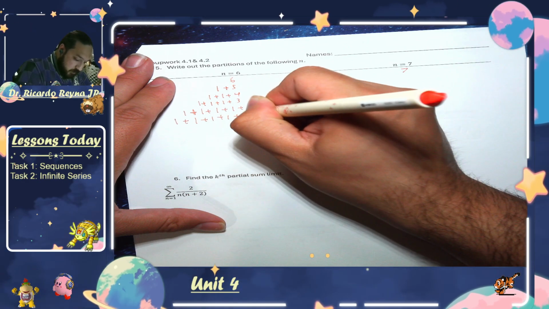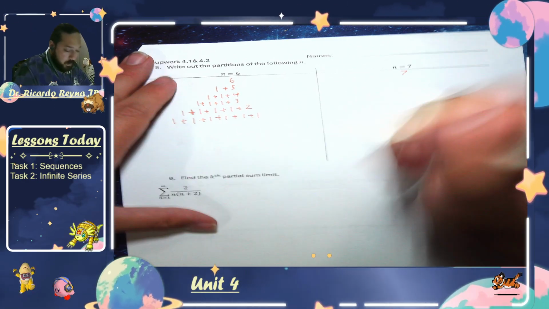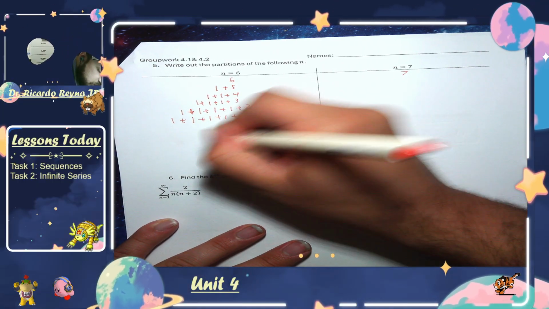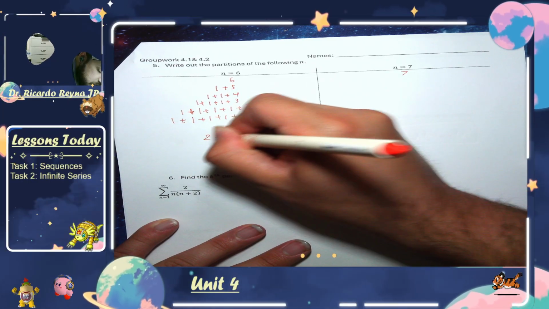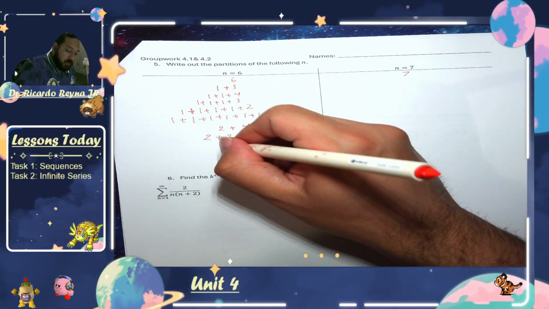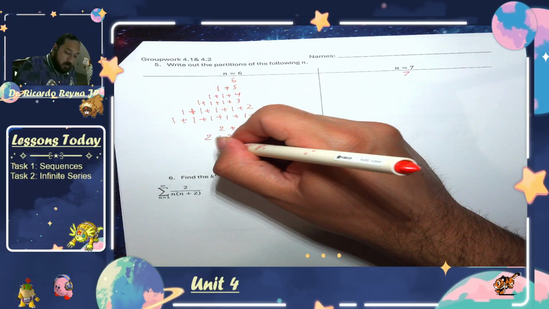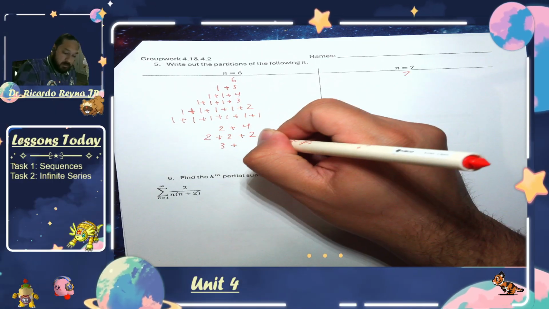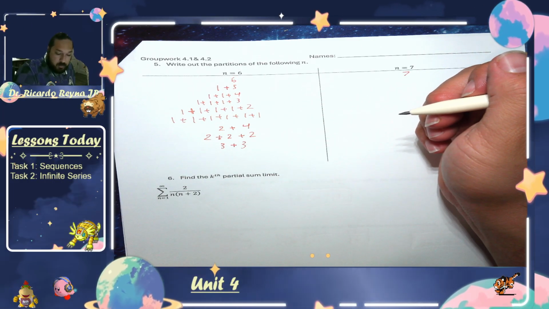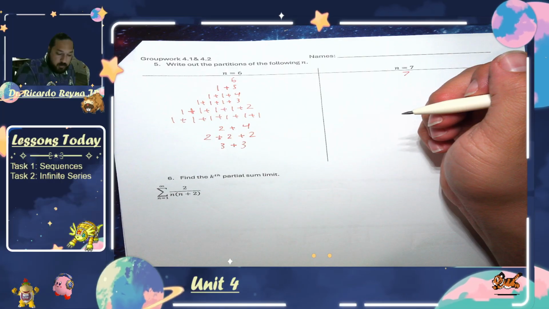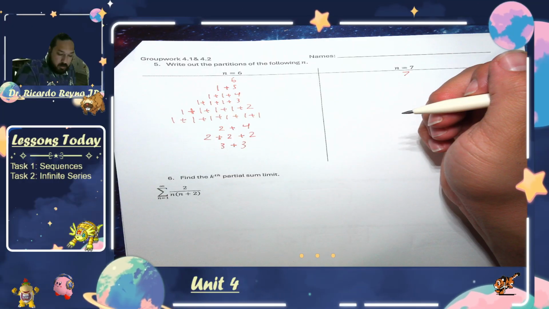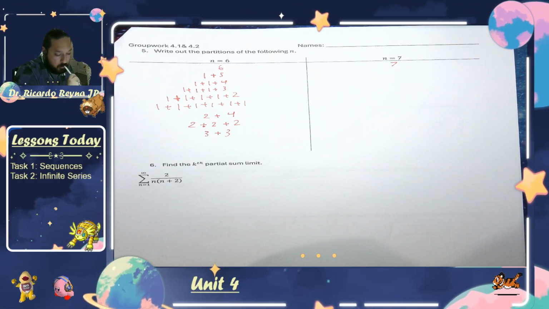So basically we just have six ones. Now I'm going to take out a 2, so 2 plus 4, and then 2 plus 2 plus 2. Then I'm going to take out 3, so we have 3 plus 3. Trying to see if we could take out more. I don't think you can.